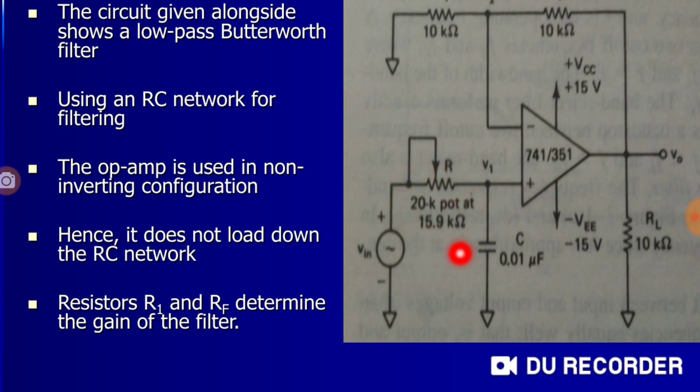Now, the basic filtering: as the frequency of the input signal increases, the resistance is accordingly allowing through and through, but the reactance of the capacitor is gradually decreasing with increase in frequency. We know XC, the reactance of the capacitor, is 1 upon 2 pi f C, that is 1 by omega C. So it is now shortening the path.